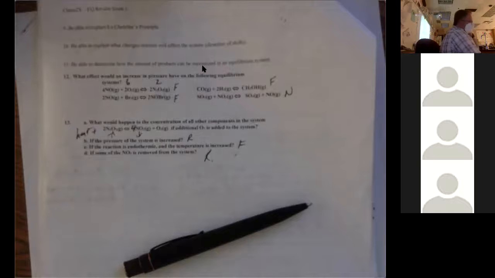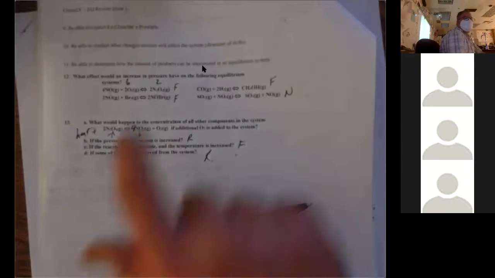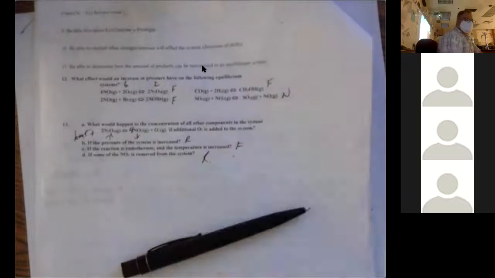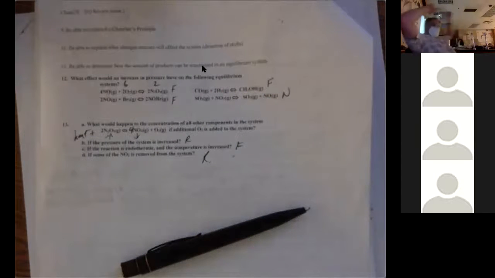Yeah, you got it. Since all of these are increased pressure, each time you look at the smallest number of moles that it makes, it's going to do that. Any other?